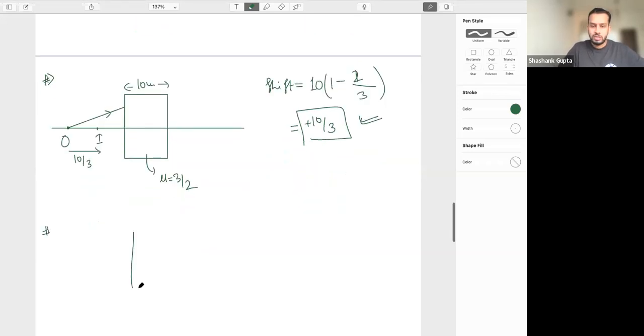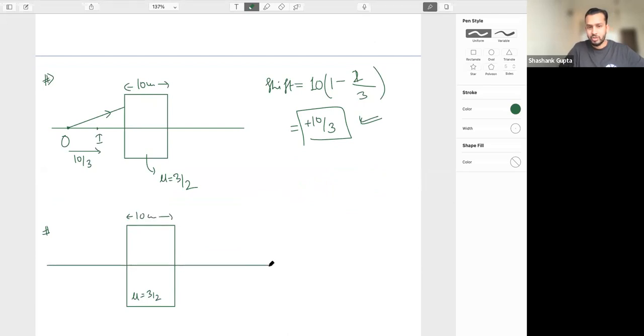Now let's move this slab into a medium of some other refractive index. This is still the same slab, same thickness. I will put this slab into a system where the refractive index of the surrounding is 2. Let's calculate the shift with the new formula, t times 1 minus 1 by mu.